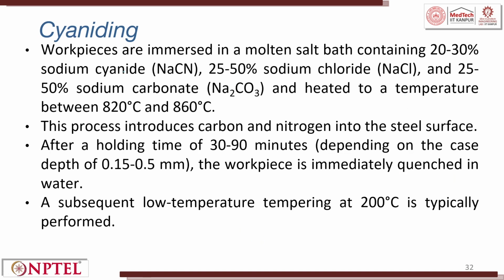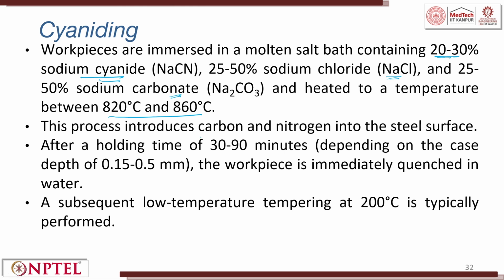In cyaniding, the workpieces are immersed in a molten salt bath containing 20 to 30% sodium cyanide, 25 to 50% NaCl, 25 to 50% sodium carbonate, and heated to a temperature between 820 and 860 degrees Celsius.